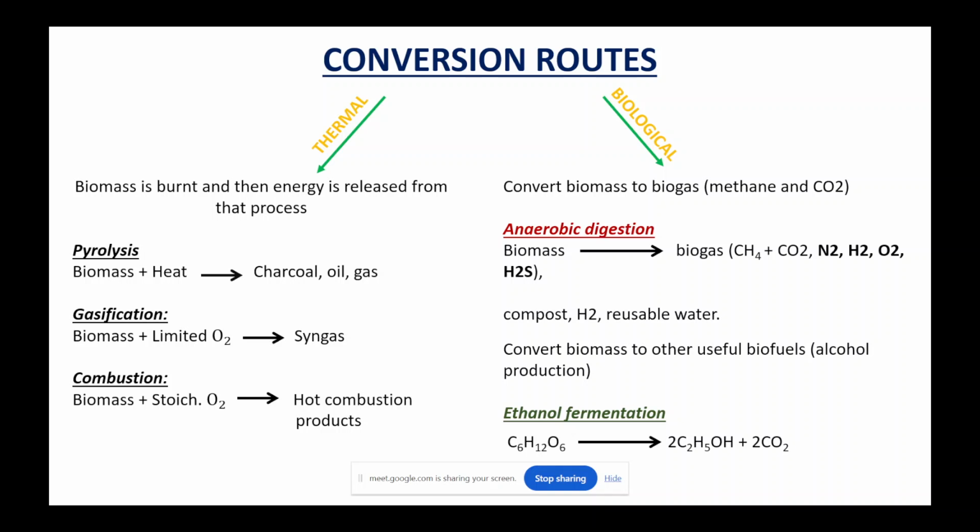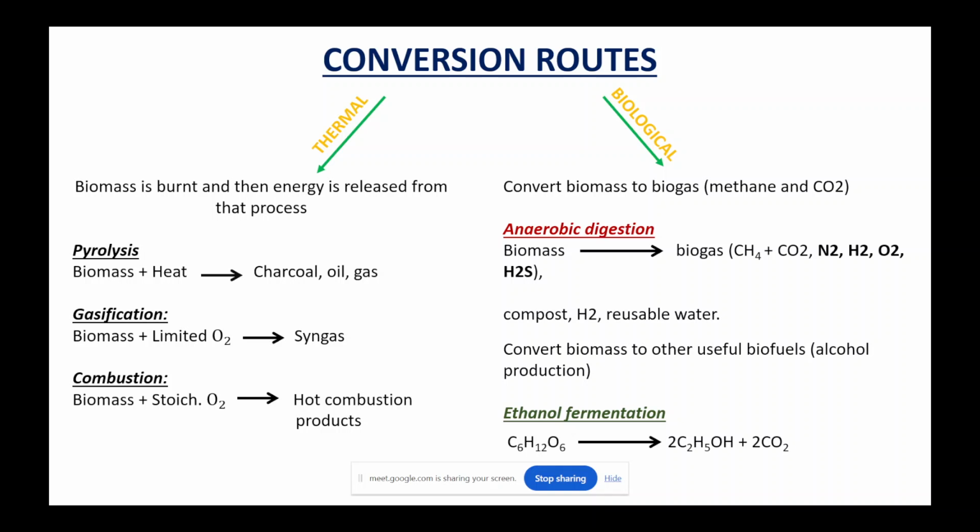Whereas in thermal conversion routes, you have more solids, but the moisture is typically very low. The major reason is that moisture typically decreases the energy conversion process, or the energy efficiency gets reduced.